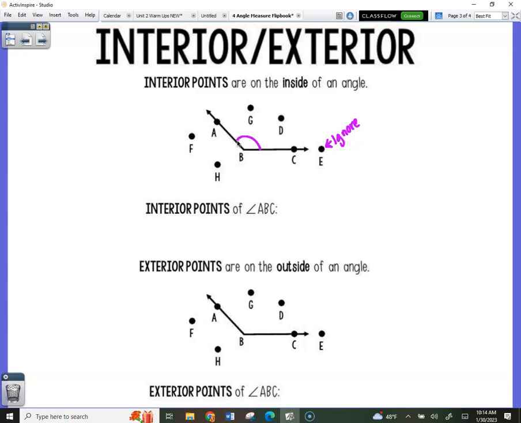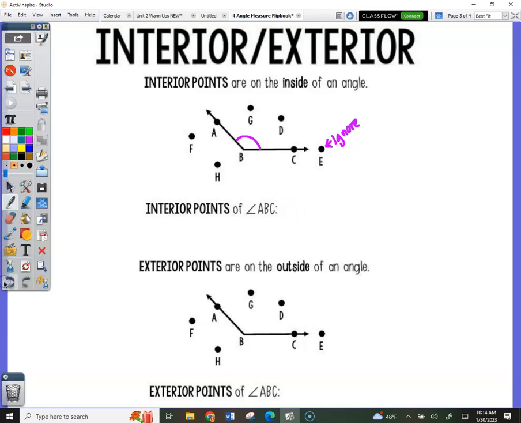So tell me what letters are on the interior of the angle ABC. The D and the G, right? Not angle. So those are points, D and G. Now, what points are on the exterior?